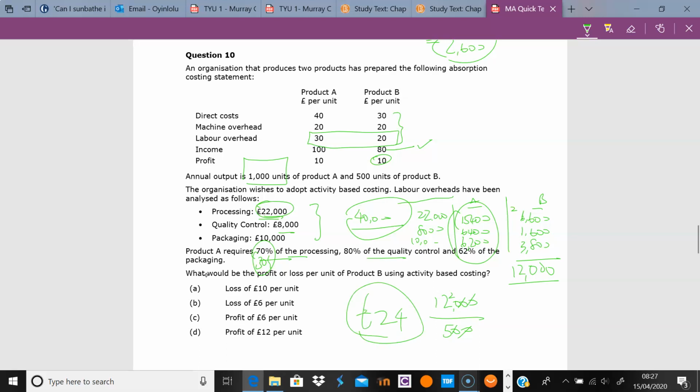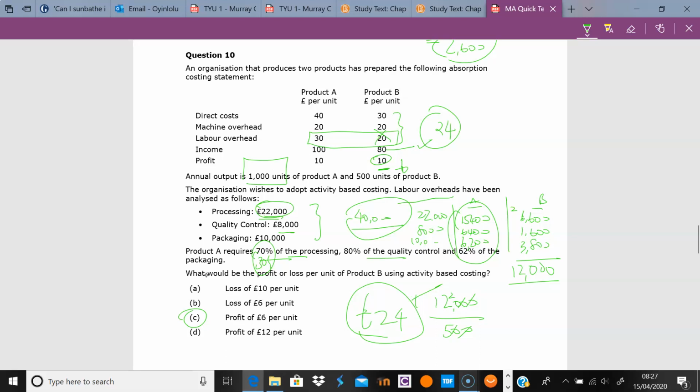So my labor overhead, my new allocated overhead, is no longer 20, but it is 24. So given that my profit was 10, it now means that my costs have gone up by 4, and so my profits have gone down by 4. My new profit, based on activity-based costing, is £6 per unit, right?